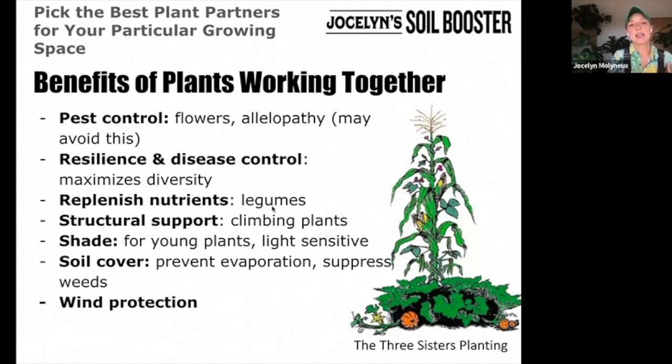The Three Sisters is a traditional indigenous group of plants that are planted together. It's our squash, and then we have our corn.